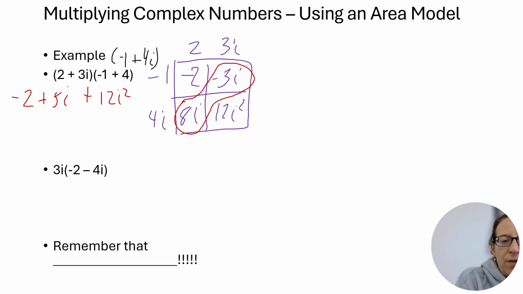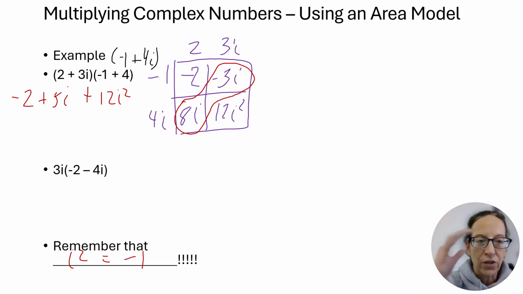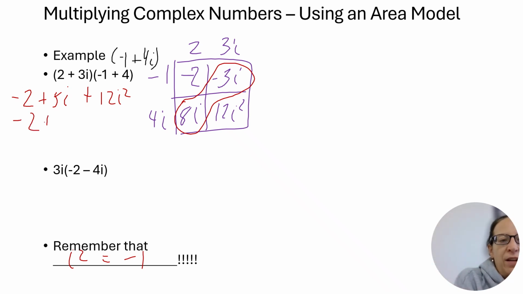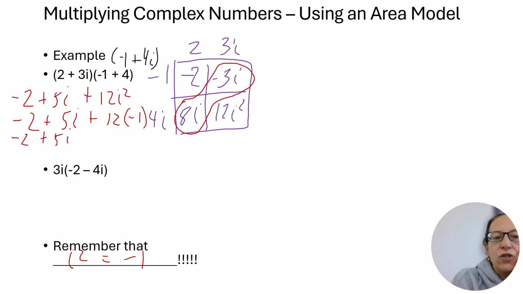But looking down at the bottom, remember that i squared is equal to negative 1. That's one of our definitions from last class. So we can actually go further than that. So we have negative 2 plus 5i. This is 12 times negative 1 because i squared is equal to negative 1. 12 times negative 1 is negative 12.